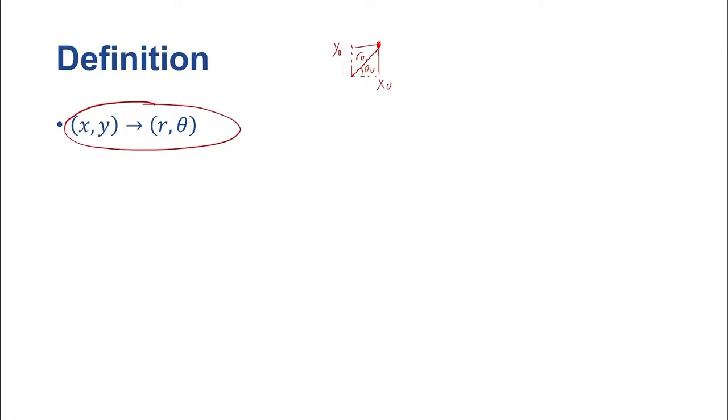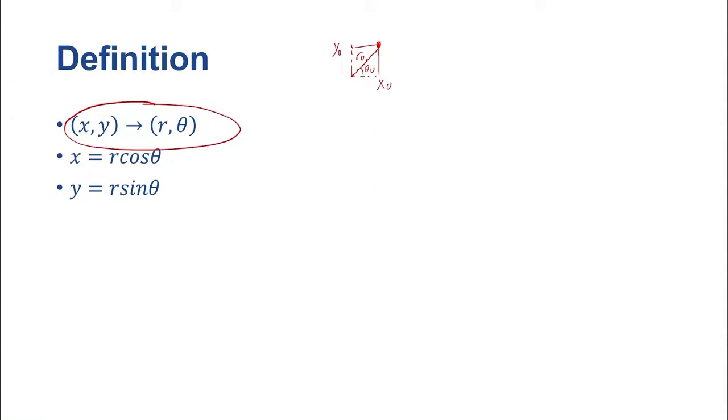Well, we can look at relations trigonometrically. Let's say I know r0 and theta0. Then I can find x0 by taking r0 cosine of theta0, and I can find y0 by taking r0 sine of theta0. So we get x equals r cos theta and y equals r sine theta.